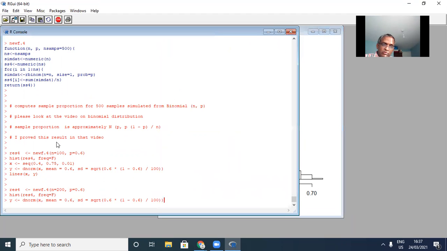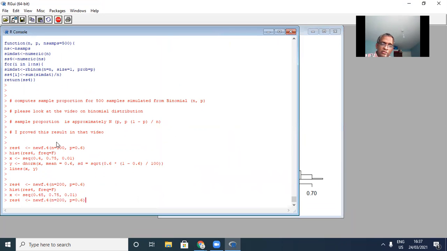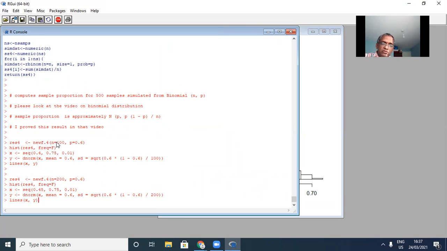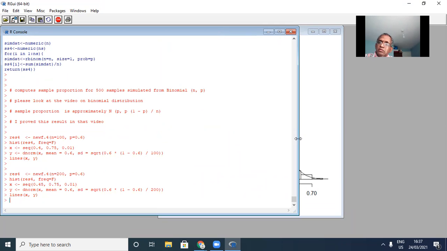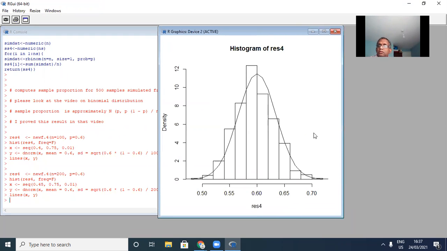So you define x to go from 0.45 to 0.75, and you define y with the mean equal to p, and the standard deviation is the square root of p(1 minus p) divided by n. n is now 200, so you should change that to 200. And finally, you use the lines command. Once again, you see that the density of the normal fits the simulated data pretty well.